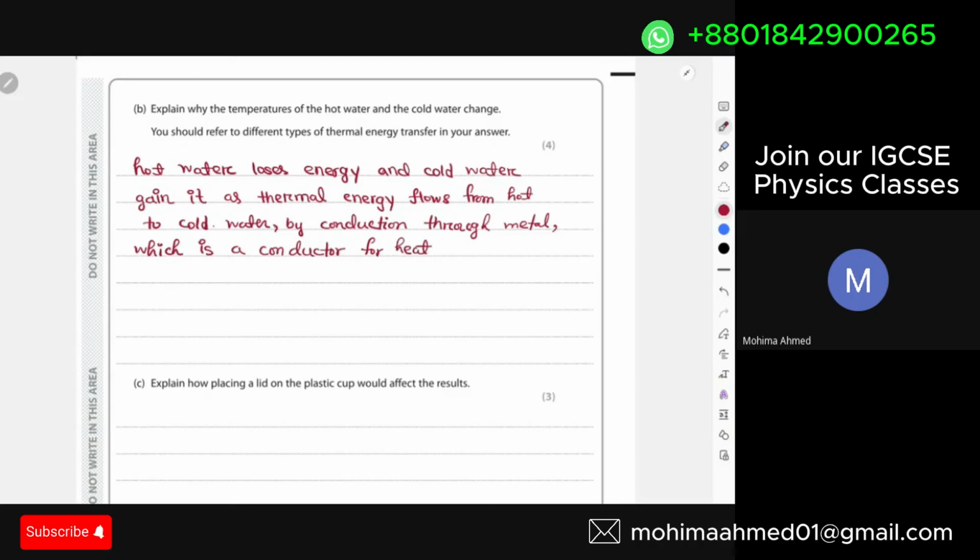And finally, we'll write that energy will continue to transfer until they reach a thermal equilibrium.